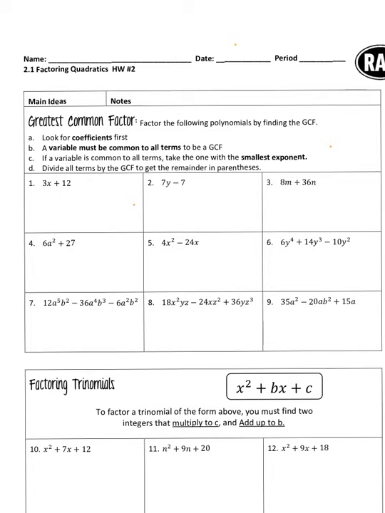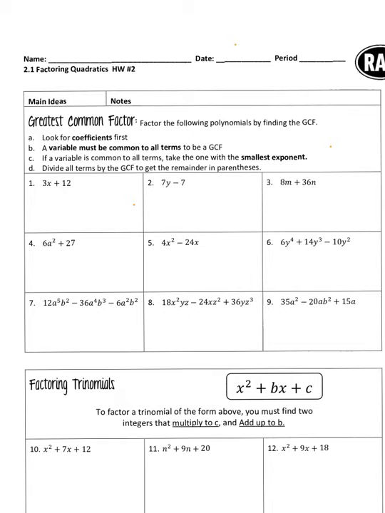Greatest common factor. Factor the following polynomials by finding the greatest common factor. And remember, the greatest common factor is the greatest number that goes into both or all terms. I'm going to do 1, 4, and 7, and then you're going to finish the rest in this section.